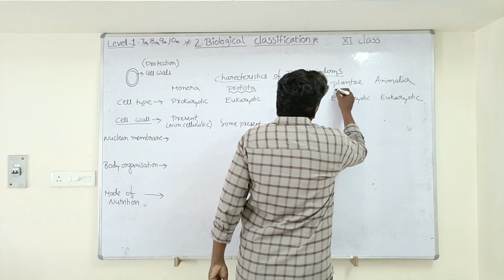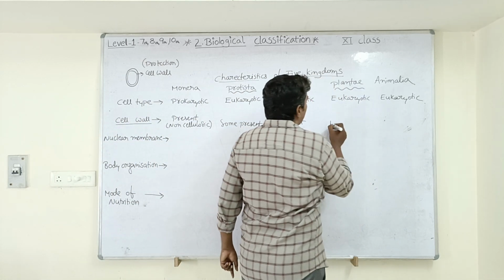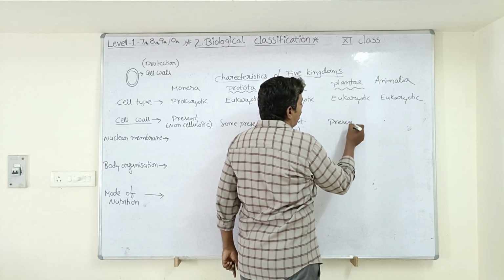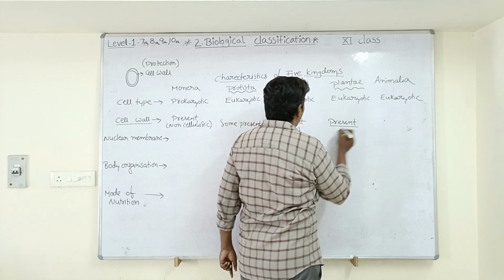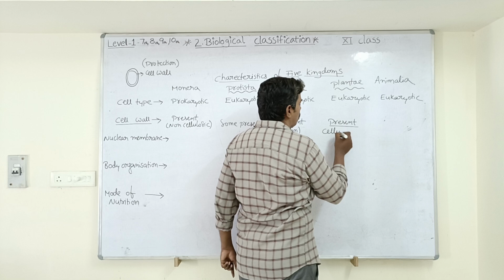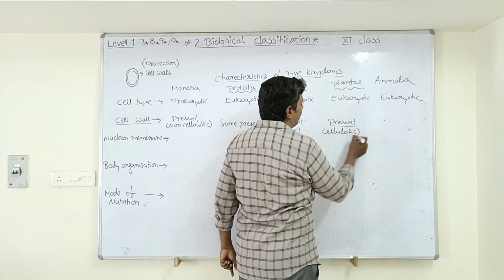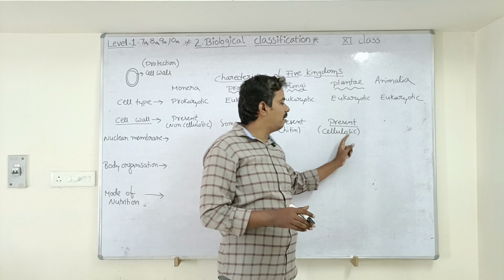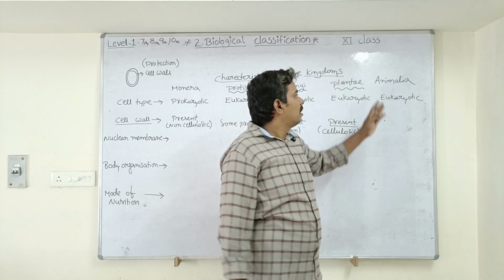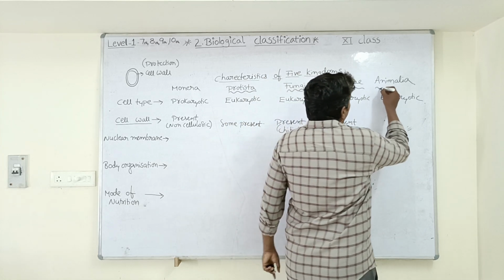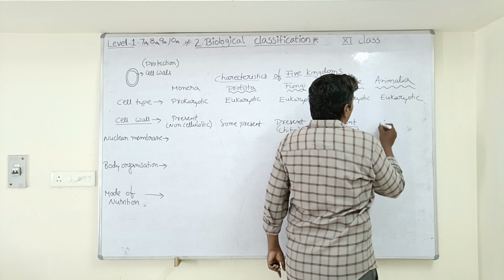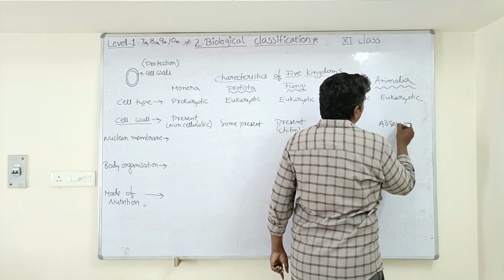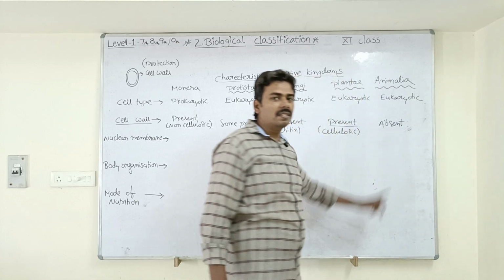Next, kingdom Plantae. Yes, the cell wall is present and it is made up of a material called cellulose. Cellulosic cell wall is present. In Animalia, the cells don't have a cell wall. Cell wall is absent.